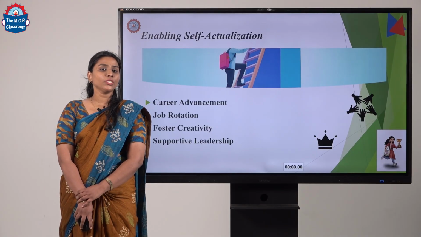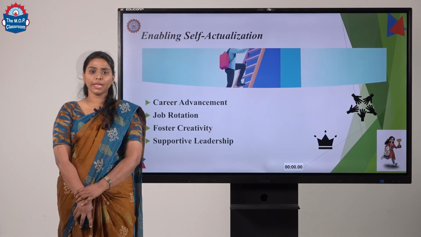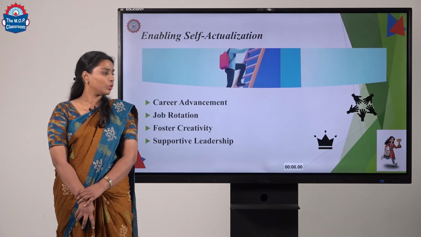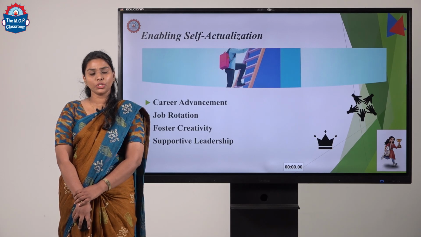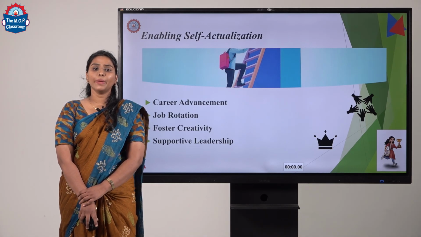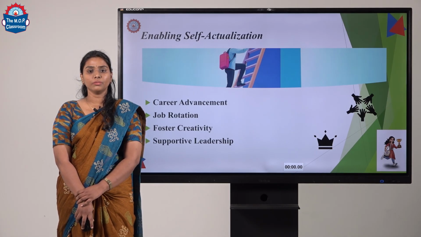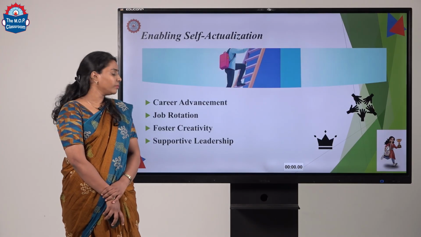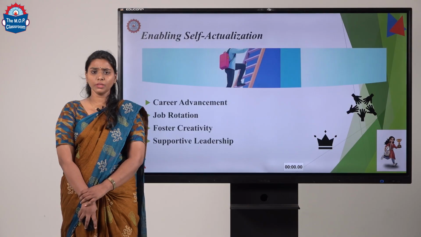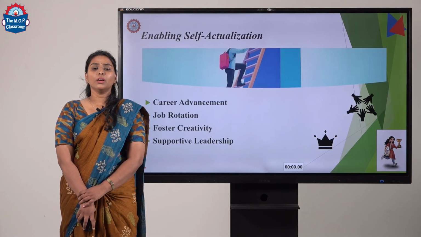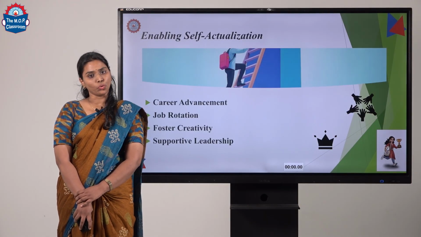So self-actualization covers career advancement, job rotation, creating an opportunity to have a better creative work culture, and finally supportive leadership from the management which would provide the employee an opportunity to grow.